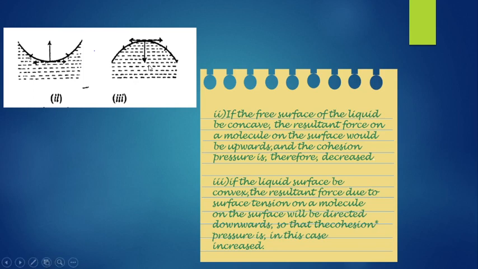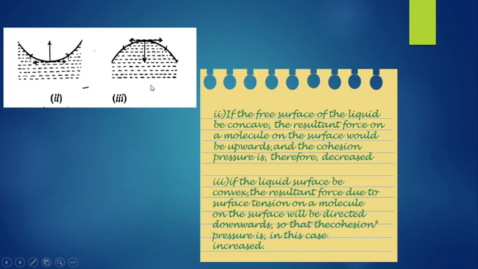That is, in this figure the liquid surface is convex, so the resultant force is directed downwards due to the surface tension. So in the case of a convex surface, the pressure is increased.